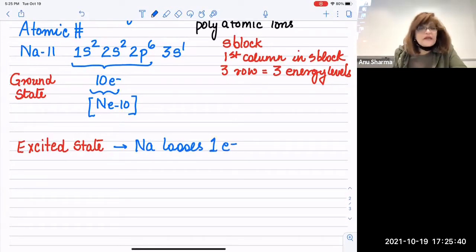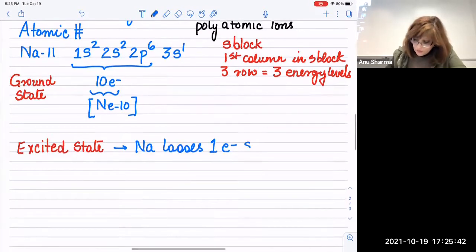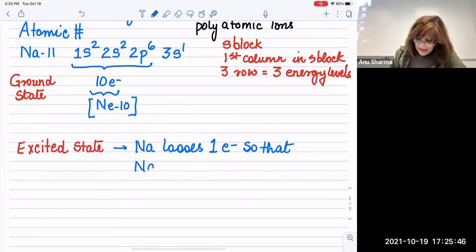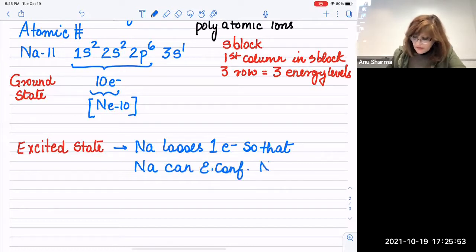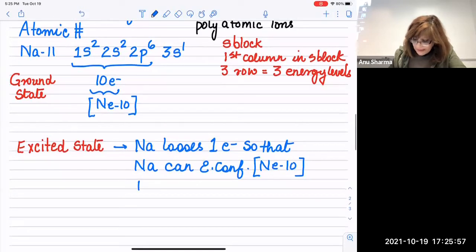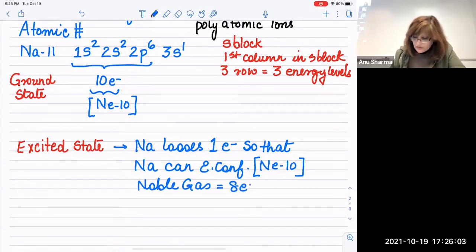Why does it lose 1 electron? So that sodium can have an electronic configuration like that of neon, which is 10, and that is a noble gas. And why noble gas? Because when it loses that electron, it has 8 electrons in the last shell.